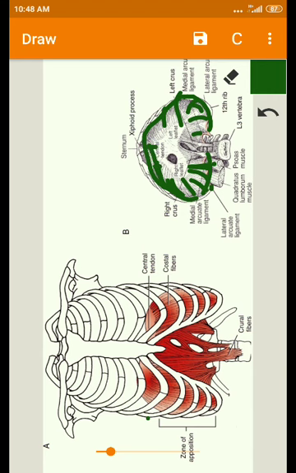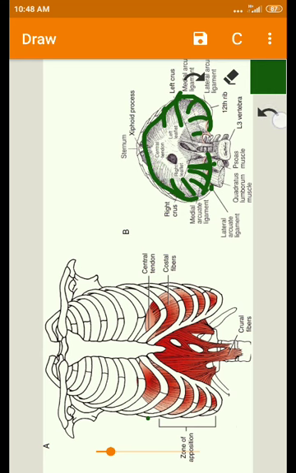You can see here these fibers in the inferior aspect. The fibers of the diaphragm go upwards and all are inserted into the dome, that is the central, non-contractile portion of the diaphragm.